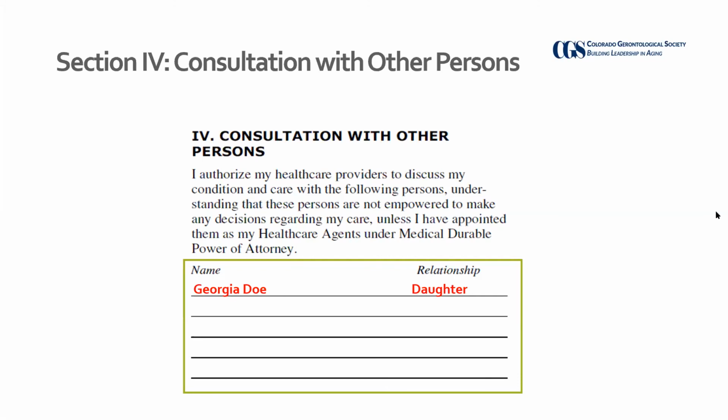It could be your neighbor, someone that you've known for a really long time, or someone that the notary provides if you're going to get your document notarized. Your agent and your alternates cannot witness this document, because then there's a conflict of interest, as they are the ones that would be making the medical decisions in the event that these documents go into effect.